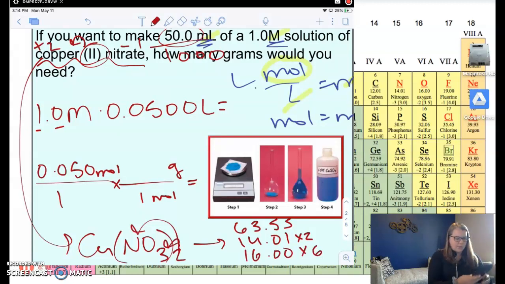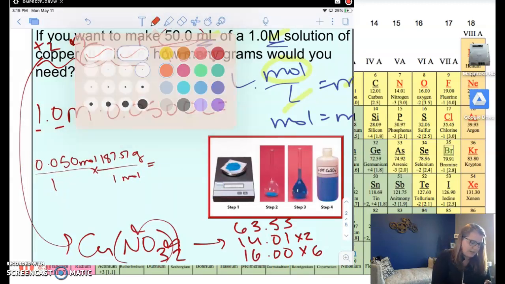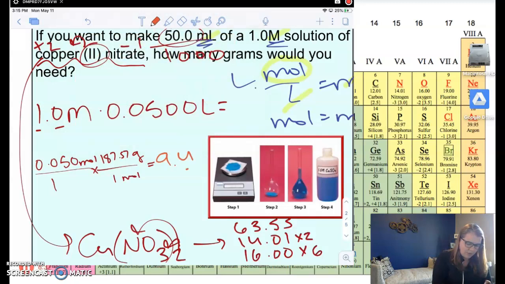So add all these together. 187.57 is my molar mass. And I'm going to multiply that by the amount of moles that I need. And to 2 sig figs, I'm getting a final answer of 9.4 grams.